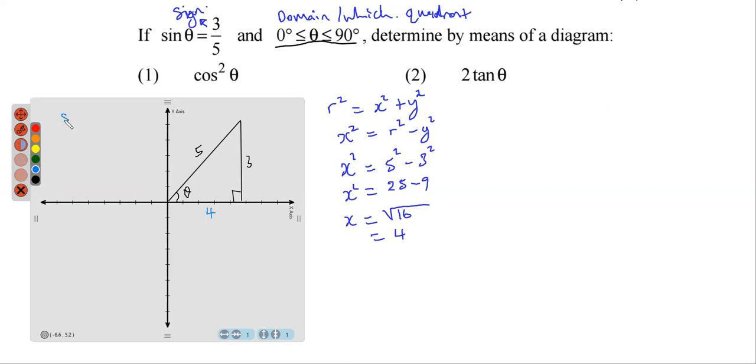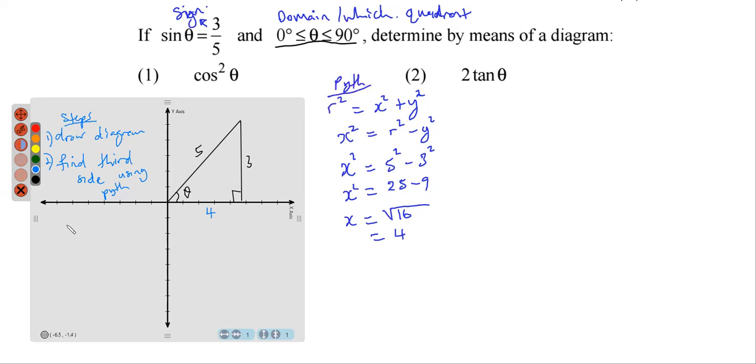Number 2, find the third side using Pythagoras. For example, we've done the Pythagoras theorem here, so that's our Pythagoras theorem there.